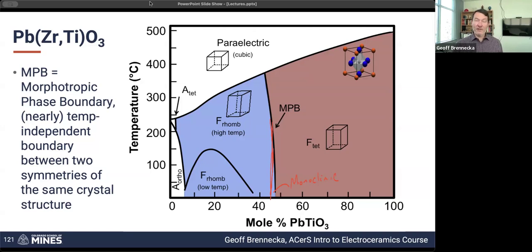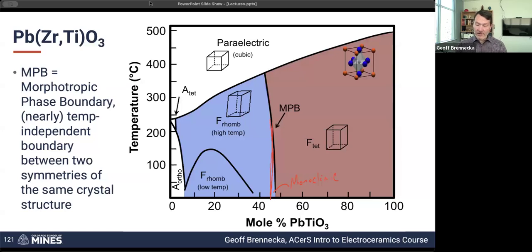And it wasn't until the early 2000s that it was conclusively determined that there really was an additional phase in there. It basically comes down to the size of the probe that you're using to make the measurement. Whether you're using X-ray diffraction or TEM or something in between, you can get different answers. And getting all of those to agree with one another was more challenging than one might think.